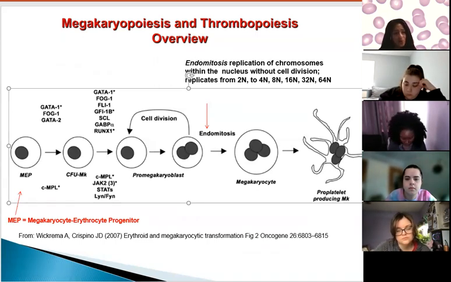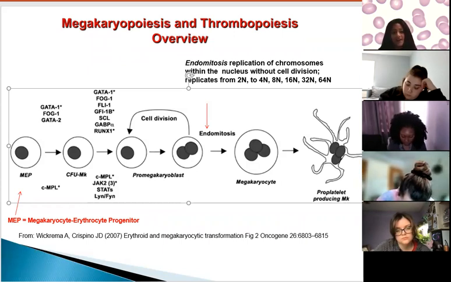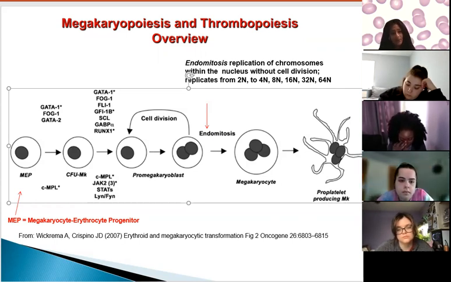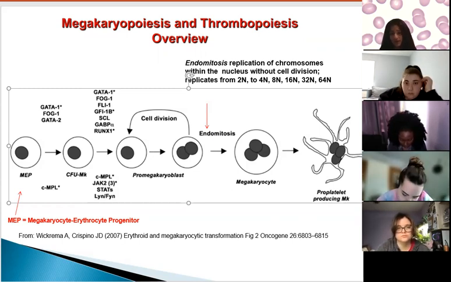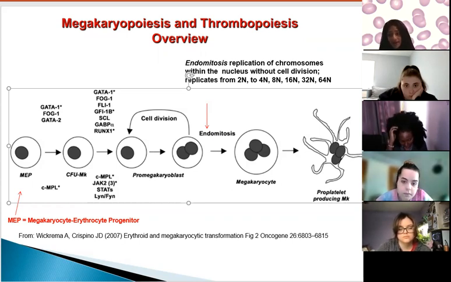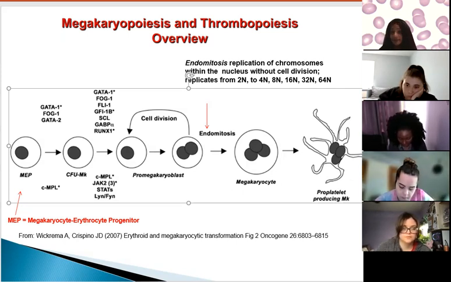As the GATA1 and FOG1 transcription slows down, the RUNX1 gene mediates the switch from mitosis to endomitosis. Under the influence of many other transcription factors, DNA replication proceeds to the production of 8N, 16N, and even 32N ploidy. Megakaryocytes use their multiple DNA copies to synthesize abundant cytoplasm, which eventually turns into platelets.